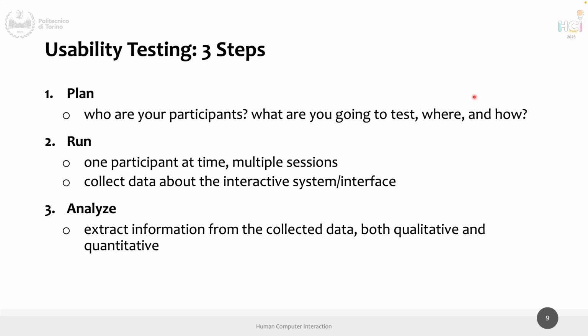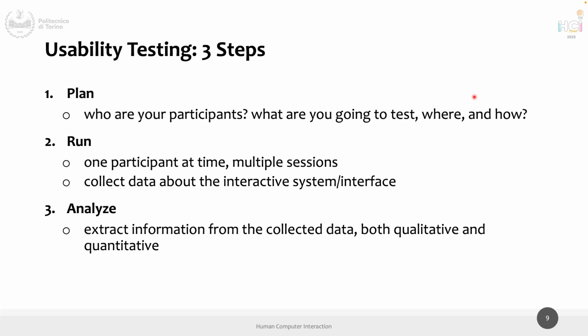Are you recording audio? Are you just observing? Is there one facilitator and one person taking notes? Is there one participant at a time, or 2 at a time? Which are the tasks? Planning is fundamental in usability testing, and it's probably the most important of these 3 steps.